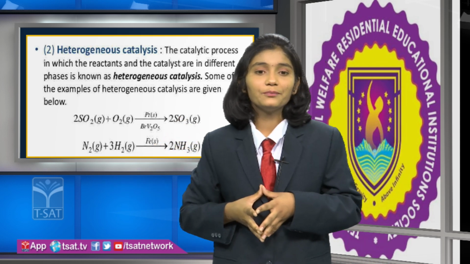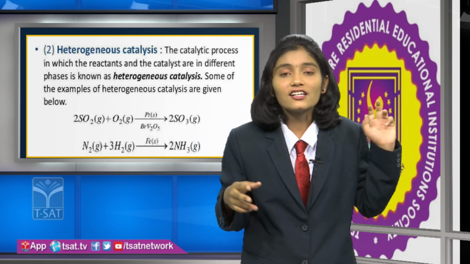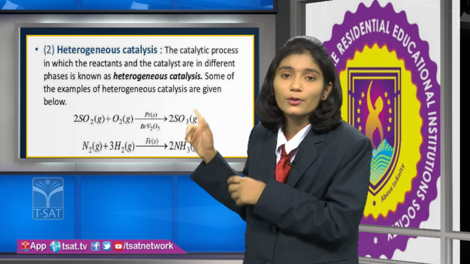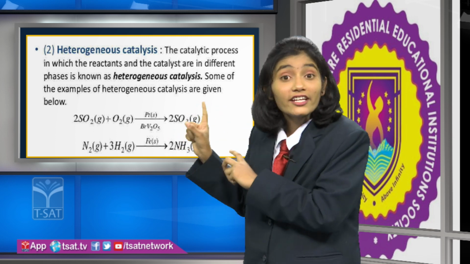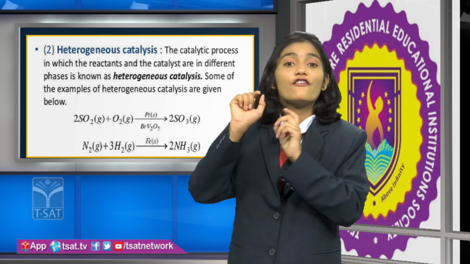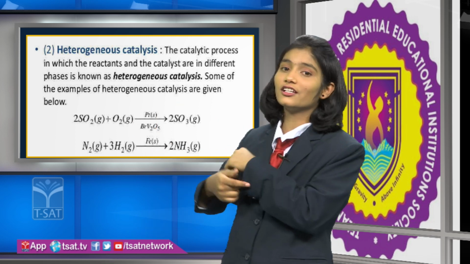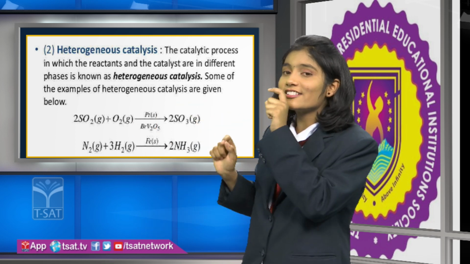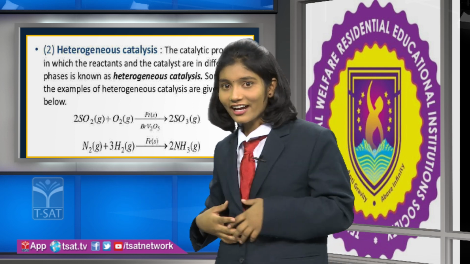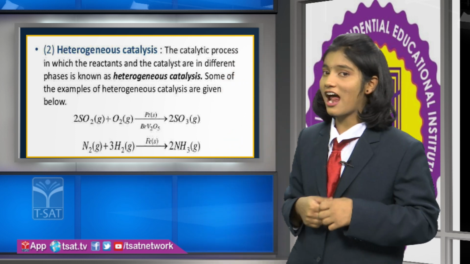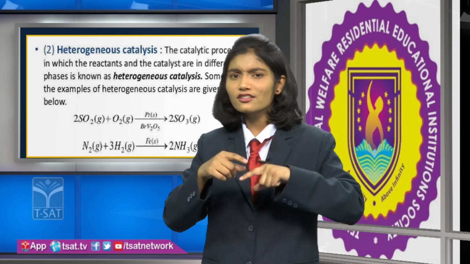For example, let me make it clear. Which we discussed earlier in the Haber process, in the manufacturing of ammonia, the reaction goes like this: when nitrogen is reacted with hydrogen in the presence of catalyst iron, it gives ammonia. Here, what are the reactants? The reactants are nitrogen and hydrogen. What is the phase of that?